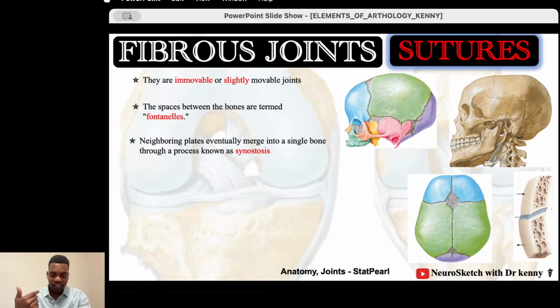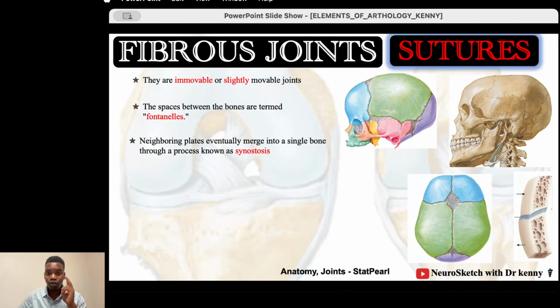In infants and children, the sutures are slightly movable, but in adults the sutures are completely immovable. So why are the sutures movable in children?